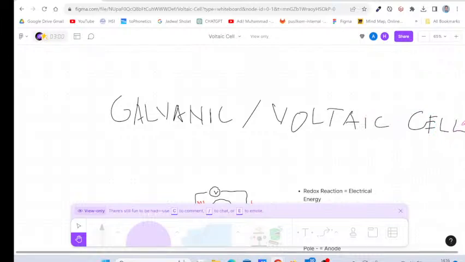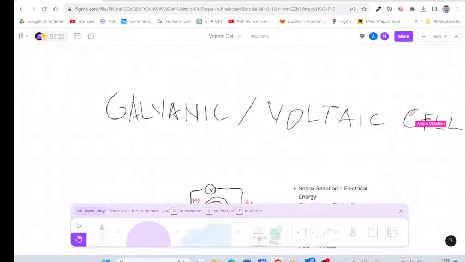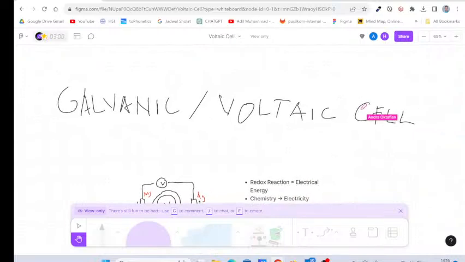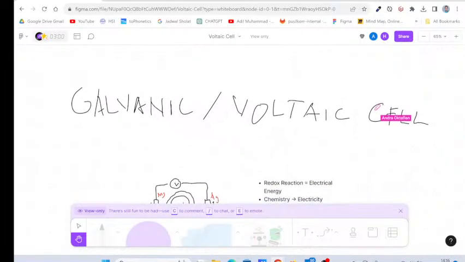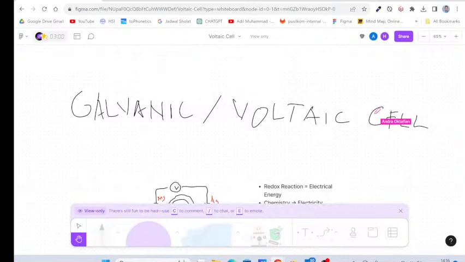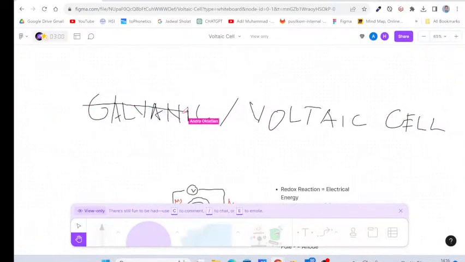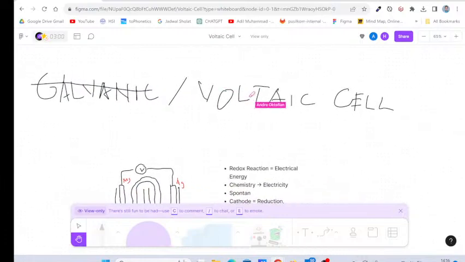Sorry, I wrongfully wrote it. When you say voltaic cell, it can refer to galvanic also, but in this case we prefer to say voltaic instead of galvanic. So let's agree with this term.